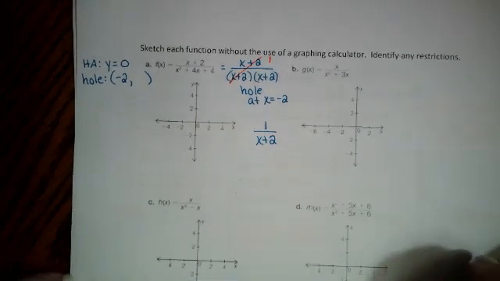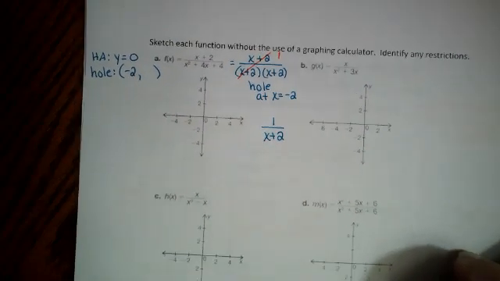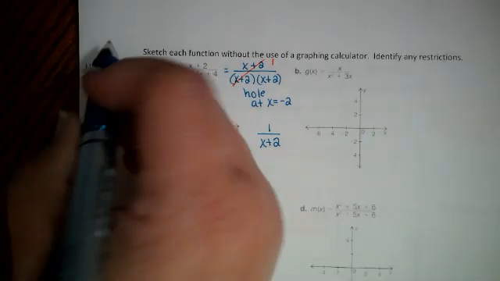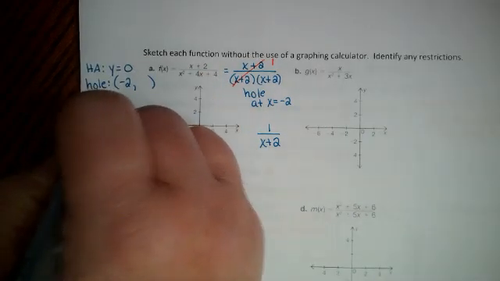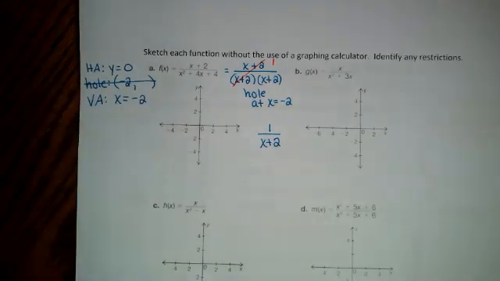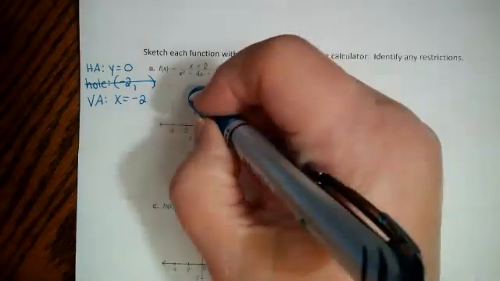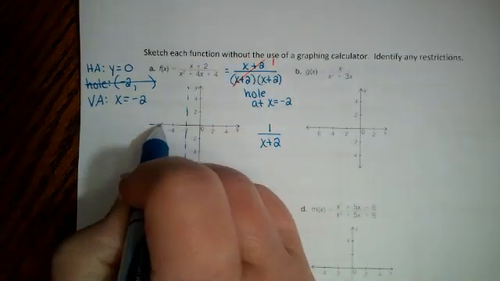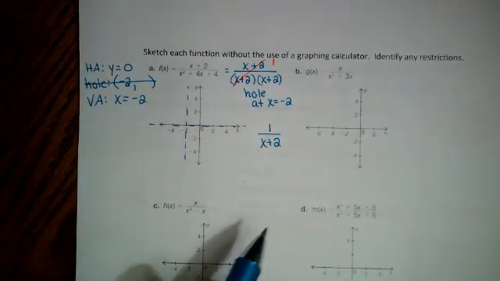So this one is pretty crazy because there's not a hole, because negative 2 is an x coordinate that can't be used because that's my vertical asymptote. So this one doesn't actually have a hole. It just has a vertical asymptote at x equals negative 2. And we have a horizontal asymptote at y equals 0. Kind of a strange example.